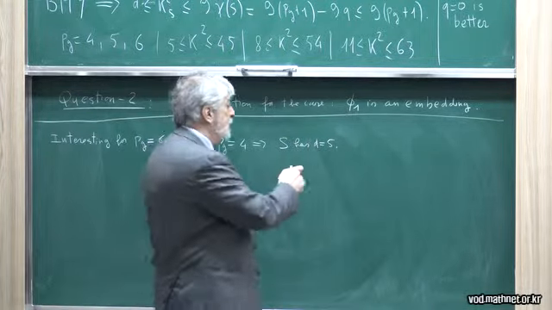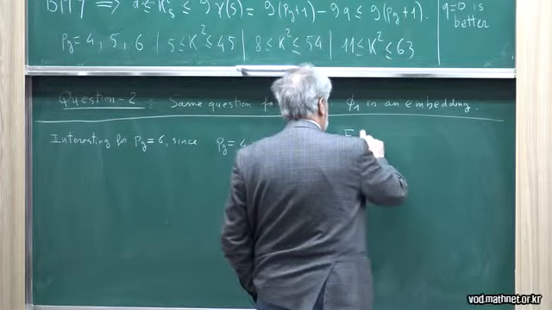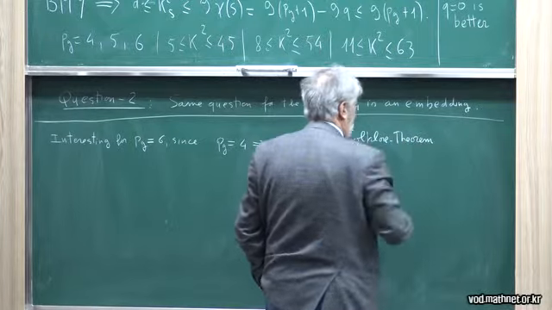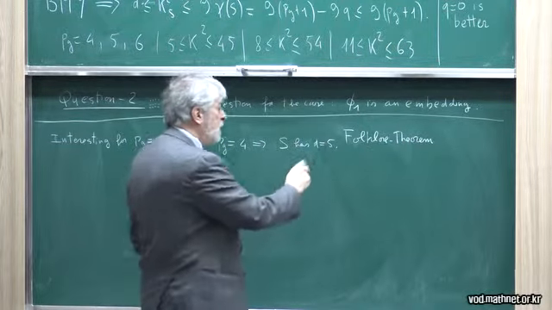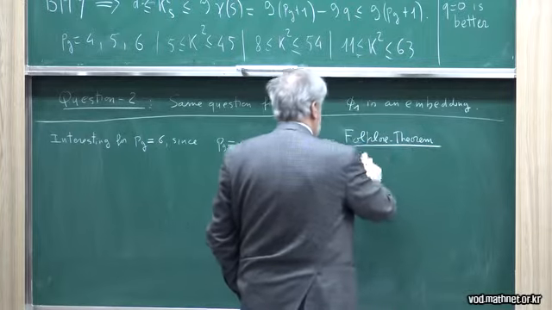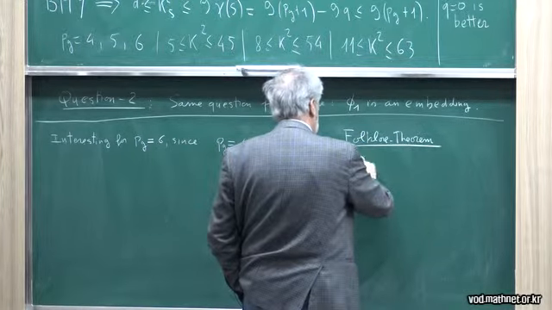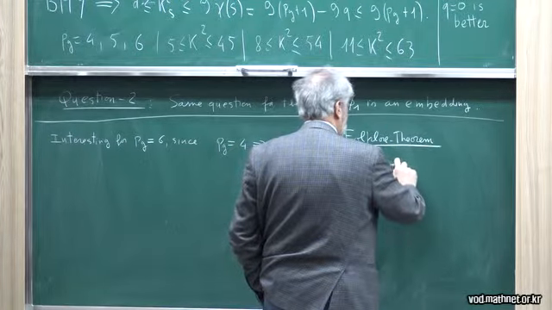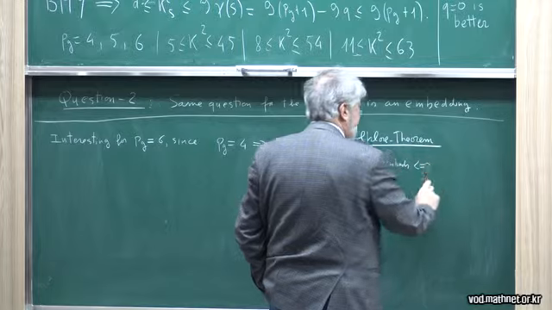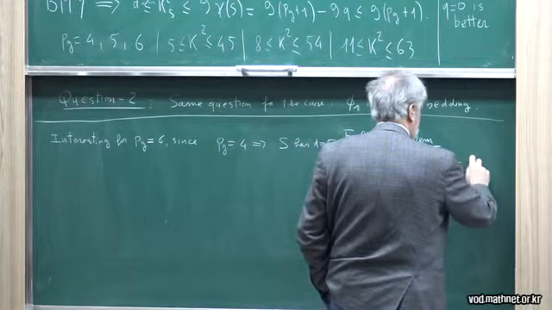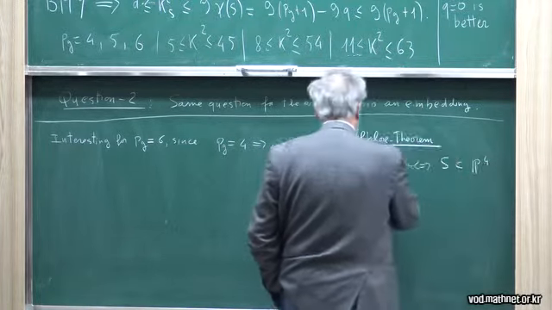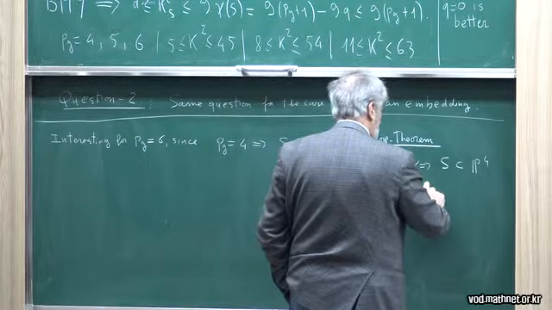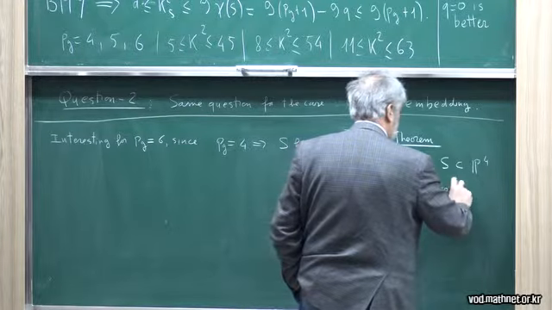And then there is a folklore theorem. The folklore theorem says that if p_g equals 5, then phi_1 embeds if and only if S in P^4 is a complete intersection of type 4-2 or 3-3.